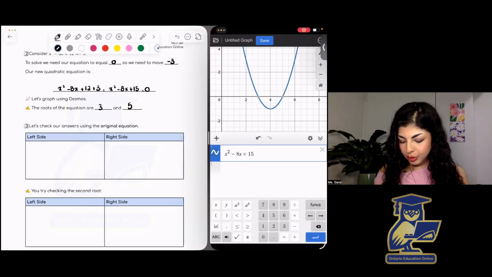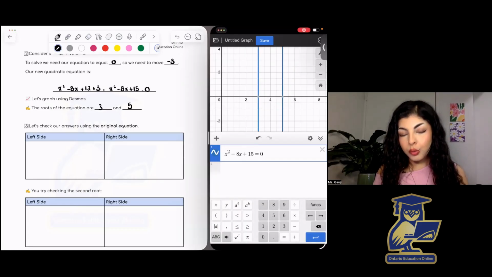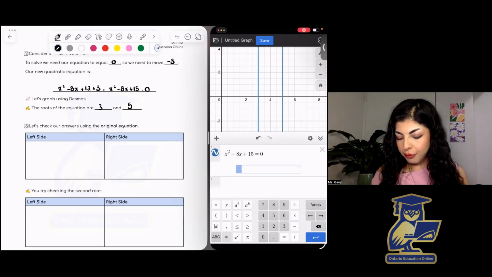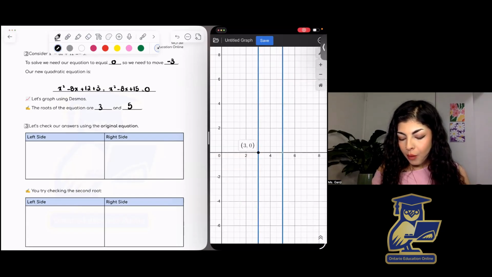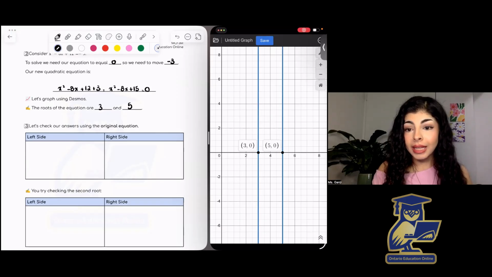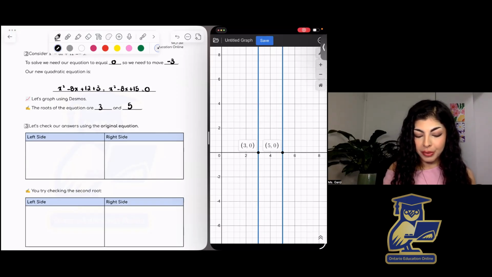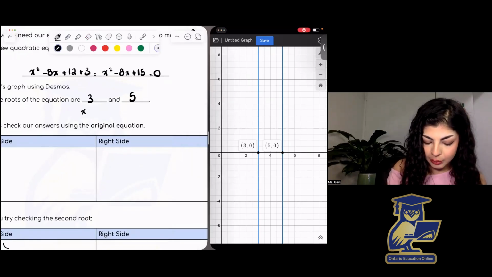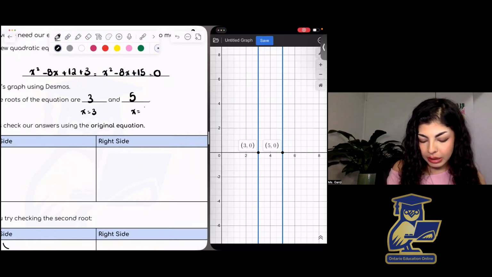Had you changed this to equal 0, you would have received two straight lines, two vertical lines, which are equal to x equals 3 and x equals 5. And that's essentially telling us that those are the answers to this equation. So you would have got x equals 3 and x equals 5.